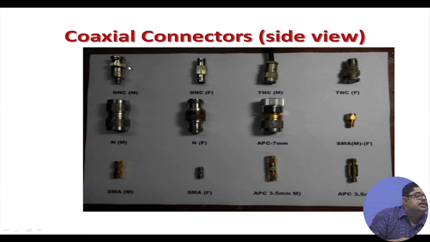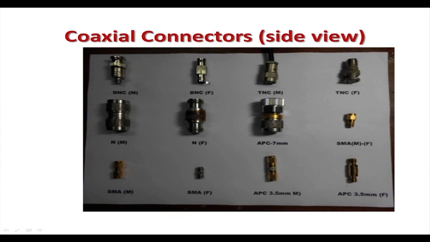These connectors have sex, that means one is male, another is female. So, they mate together, and this also I do not know whether you have seen, these are TNC connectors. TNC stands for threaded BNC, they also have male female sex.